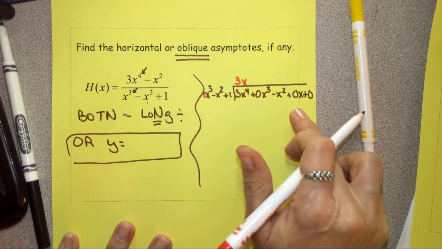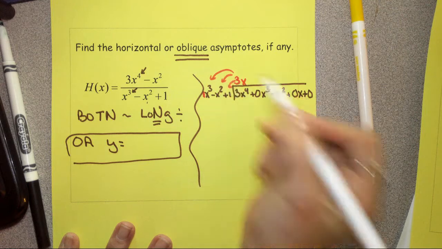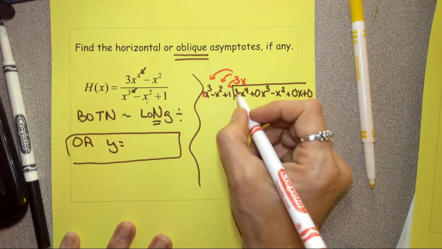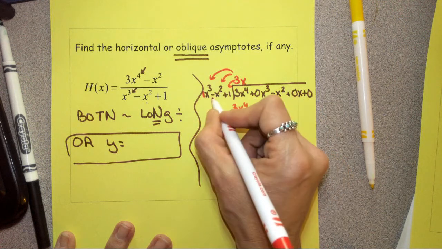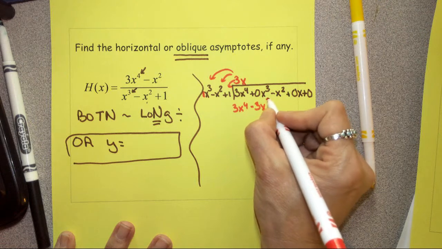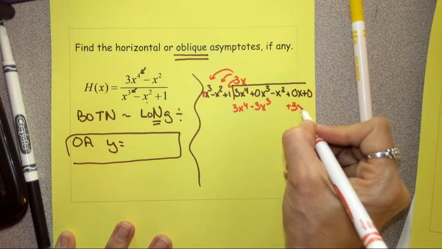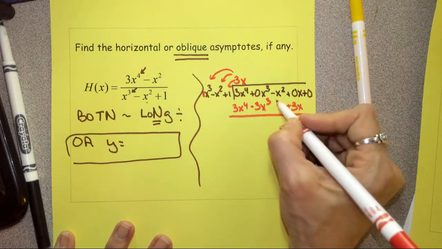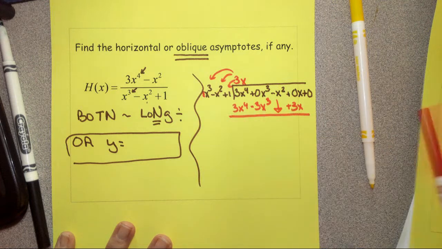And in order to get this next line down here, you have to go multiply everything up here by the 3x. So 3x times 1, x to the third is 3x to the fourth. 3x times negative x squared is negative 3x to the third. 3x times 1 is 3x. Notice there's a space right here where the x squareds were. Okay, now we have to go subtract everything.